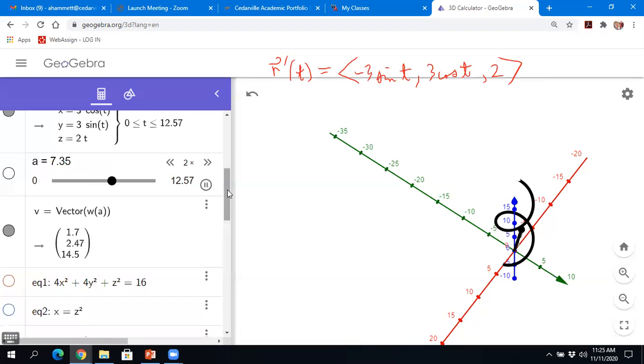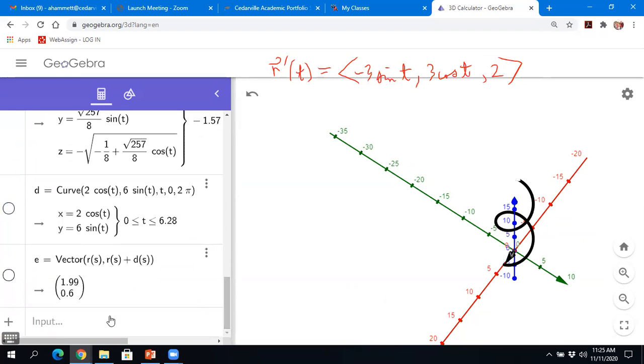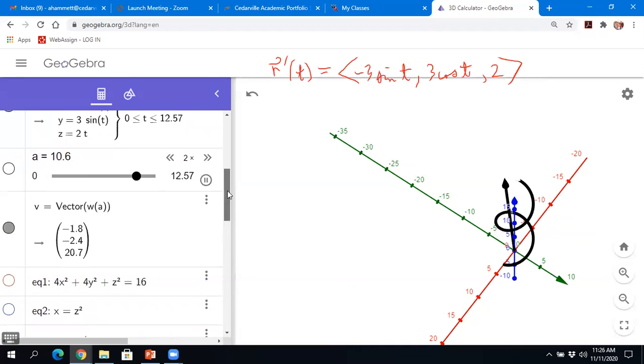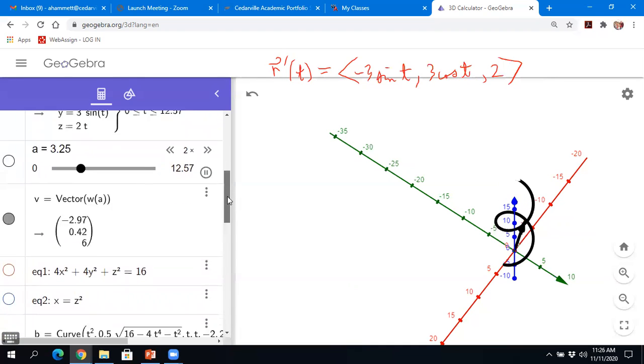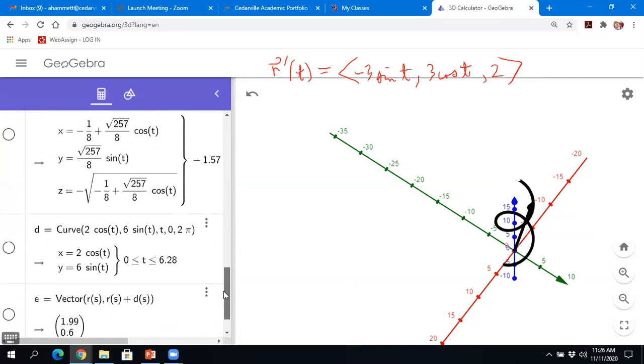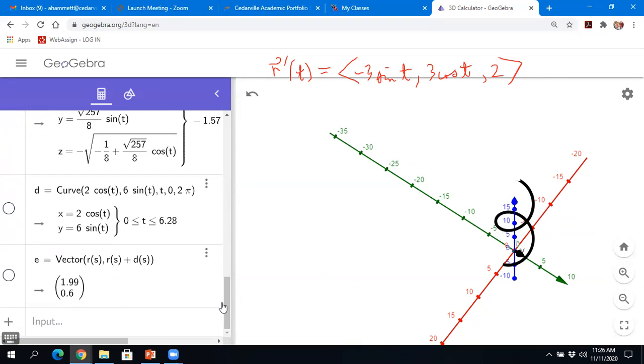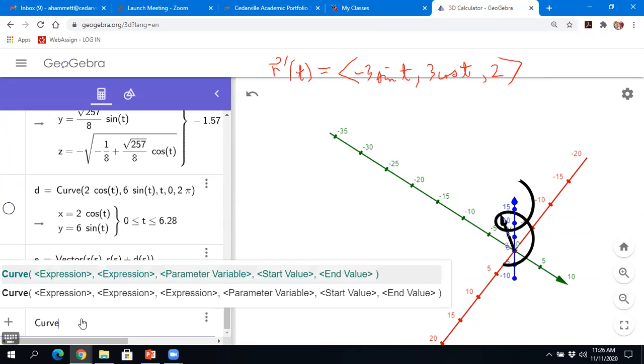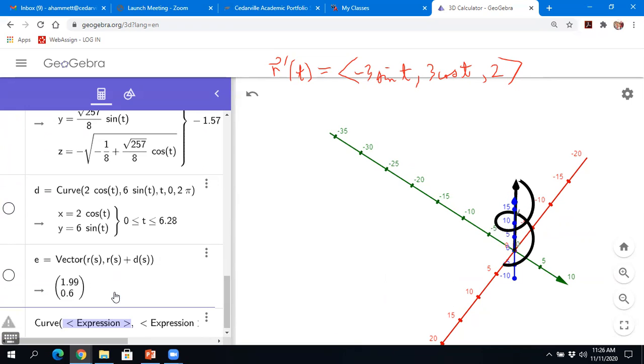Okay, so let's go down to the bottom here. So the first thing I need to do is actually create a collection of points here. So curve. Now I need 3 expressions.